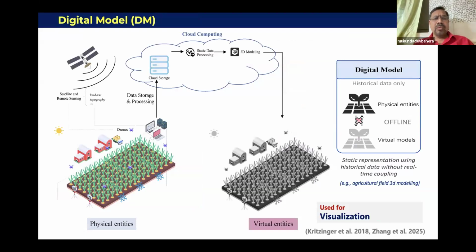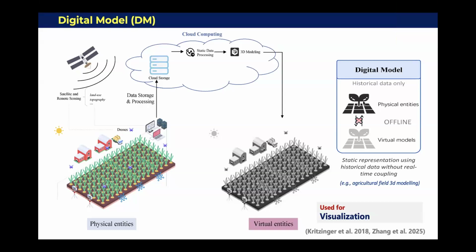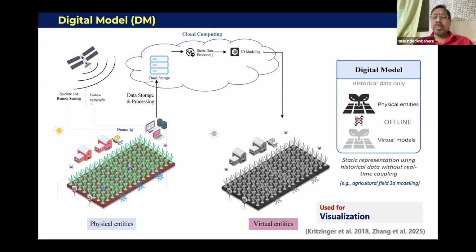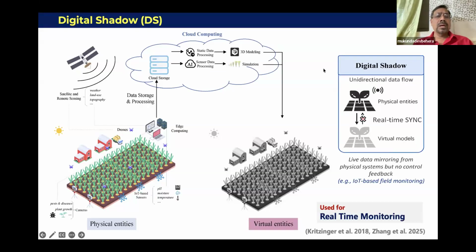Now, one important difference between three terms which we often confuse. We start with the digital models. Friends, all of us already know about various digital models: digital elevation models, digital surface models, terrain models, and all those things. So we put them under digital model, and we also have been using another terminology called digital shadow.